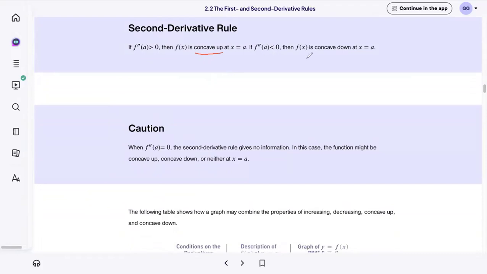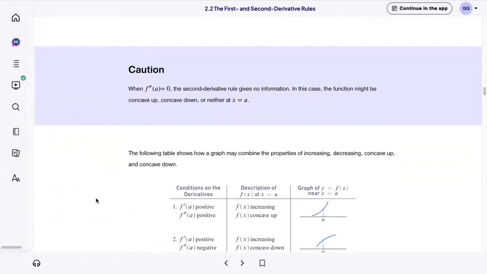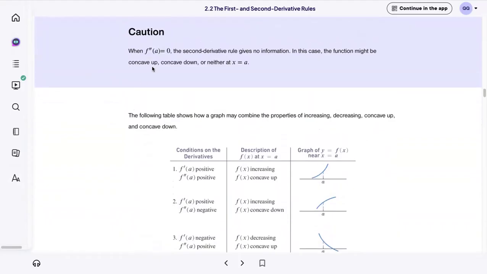If the second derivative is negative, then it's concave down. If the second derivative equals 0, that gives us the inflection point.